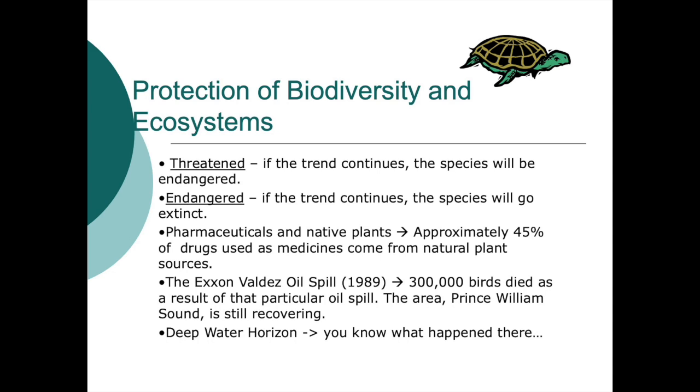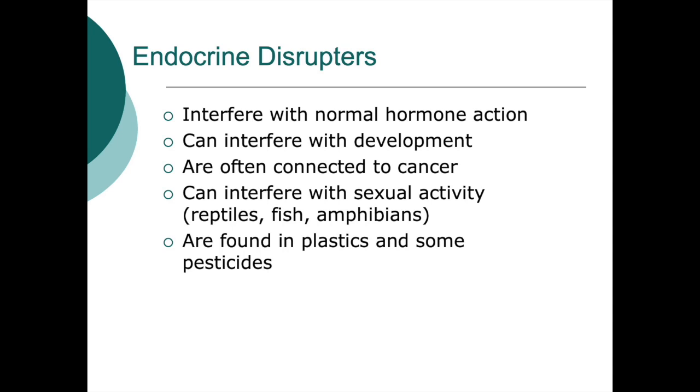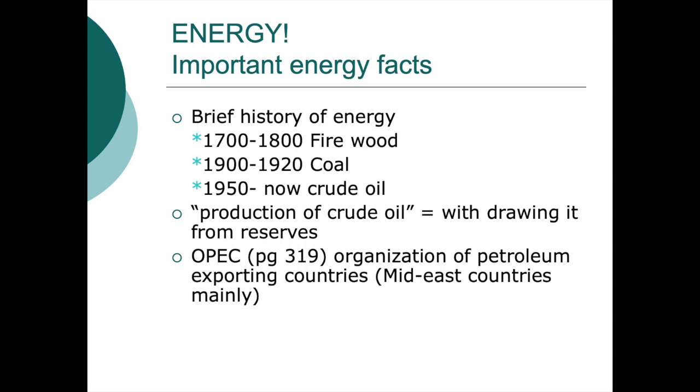And when you do not protect biodiversity and ecosystems, you have lots of things that can go wrong. And again, we've talked about some of those things. One of those is those endocrine disruptors, where we have all of these chemicals going into the water, and that is causing sexual reproductive problems in many animals that live in those aquatic environments.